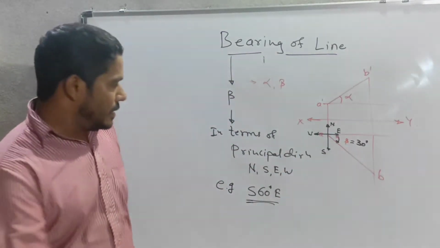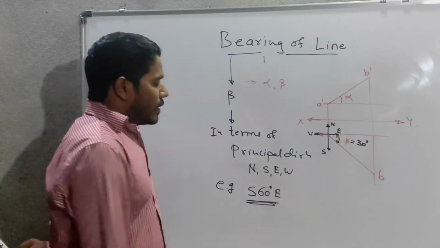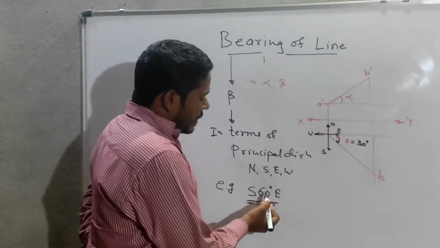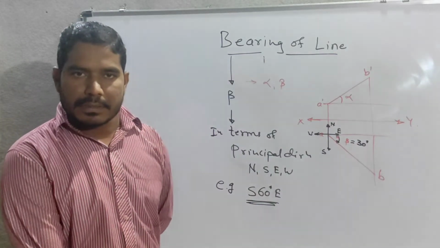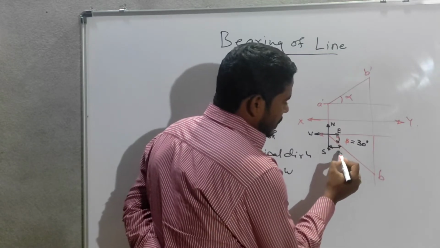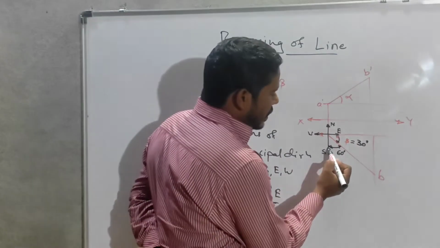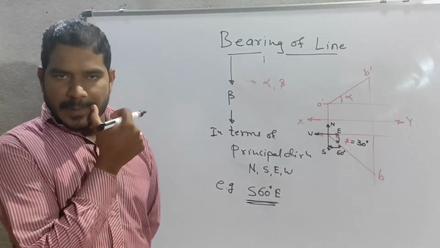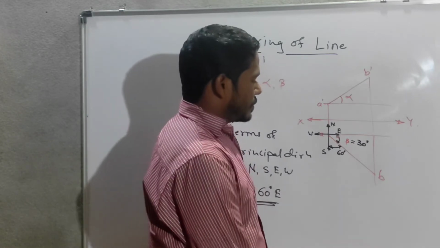You will see the bearing is south 60° east, meaning the bearing line is making a 60° angle from the south direction. From this side, this angle will be 60°. So the bearing will be south 60° east. Like this we show the bearing in the given sketch.